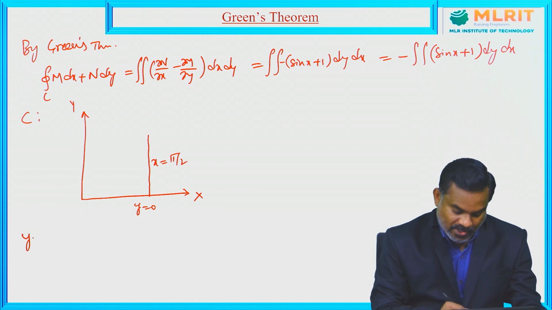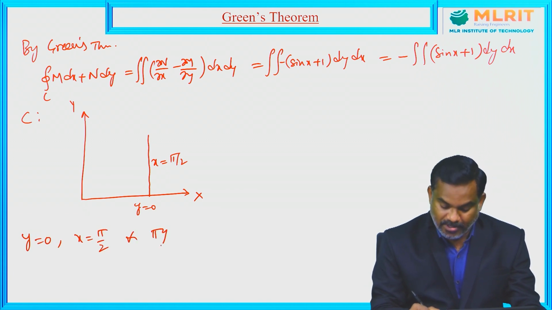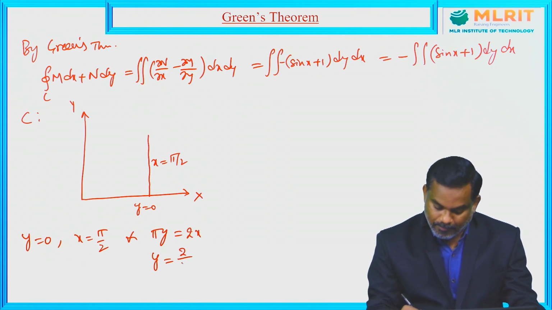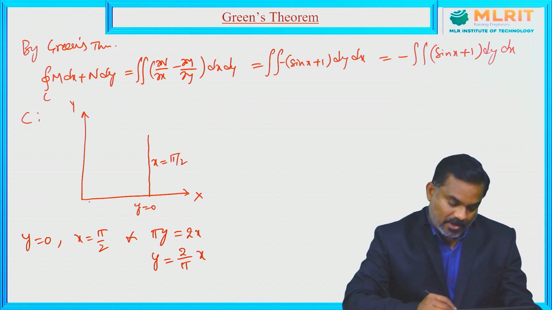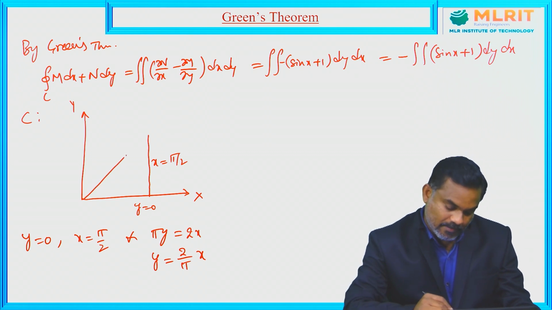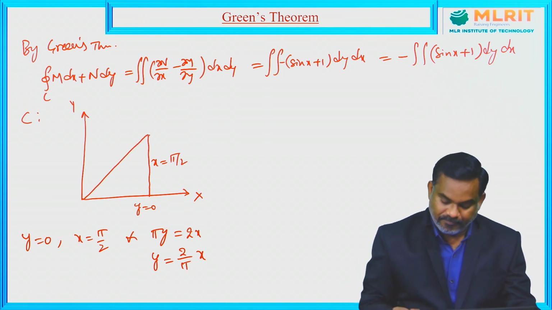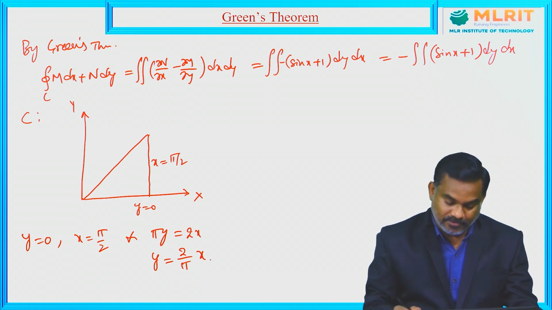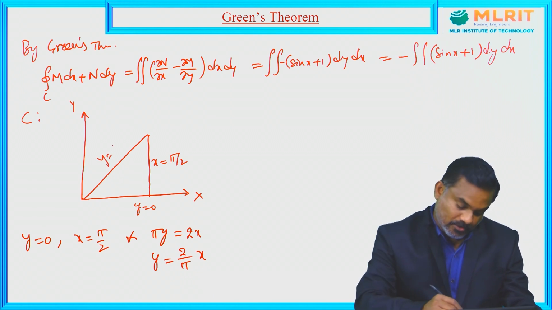So y equal to 2/π x, which is in the form y equal to mx, a straight line passing through the origin.